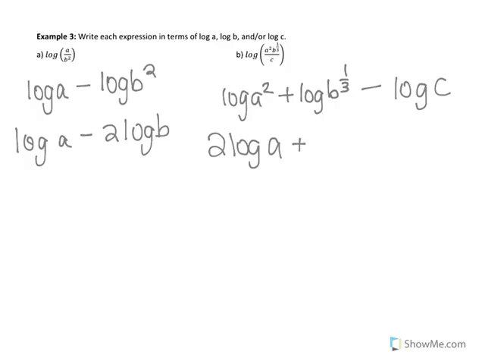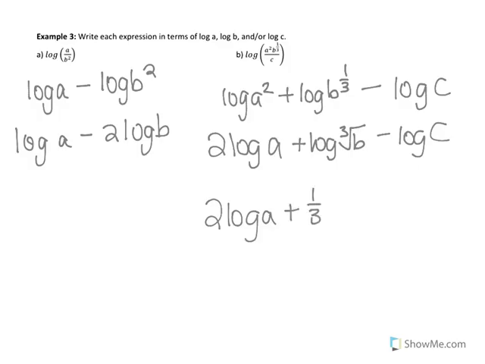We could rewrite this b to the power of 1/3 in a couple different ways. We could do log of the cube root of b minus log c, or we could have done 2 log a plus 1/3 log b minus log c. Lots of different ways you can manipulate.